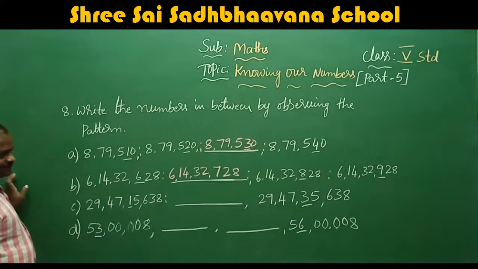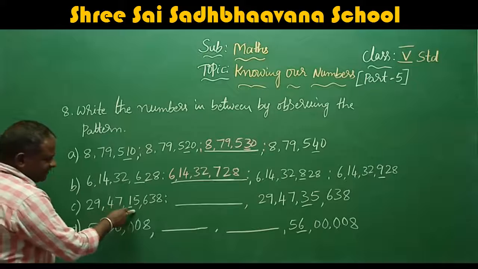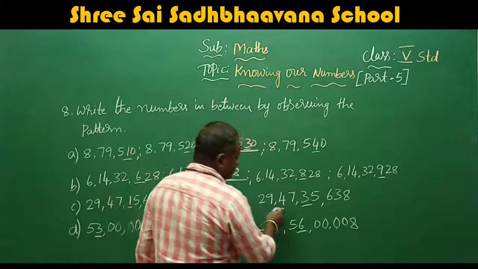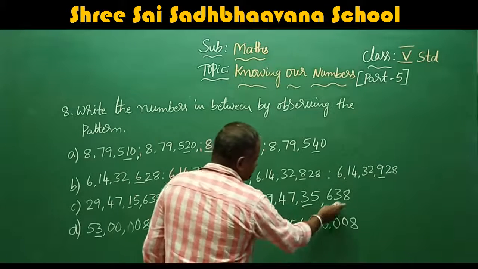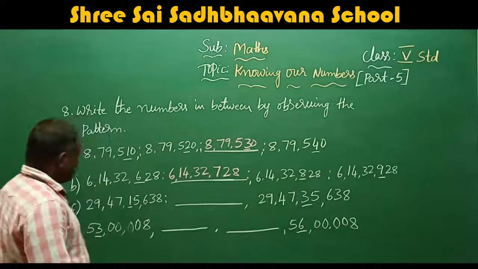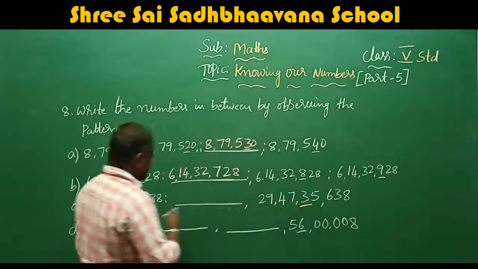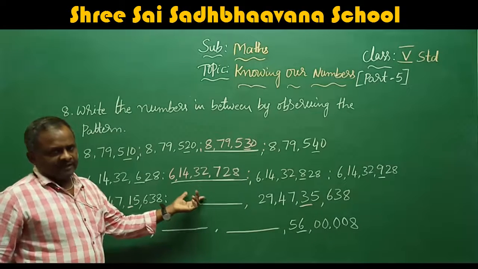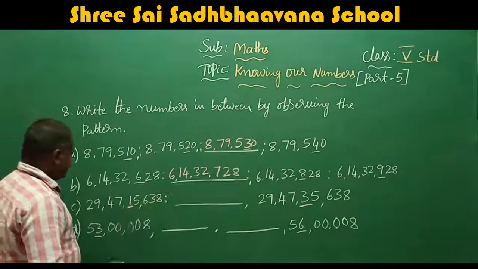Next, here they have given 29 crores 47 lakhs 15,638. Here 29 crore 47 lakhs 35,638. They have given the pattern here and here. That means each time 20,000 has jumped, so here it should be 10,000 plus 10,000, 20,000.